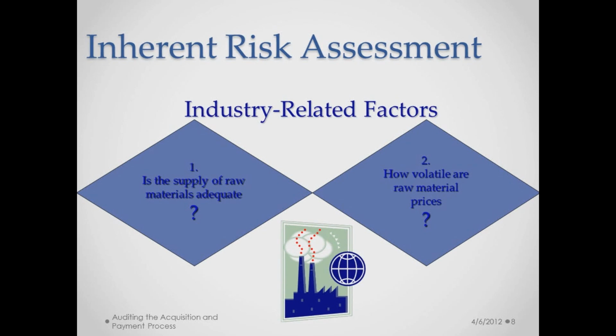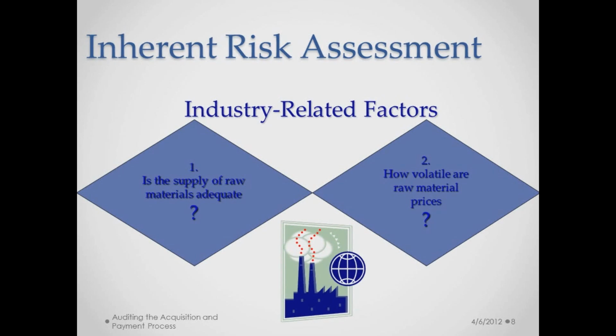So you see that one cycle has an impact on any number of cycles. And so when you consider inherent risk at that very beginning time, when you're looking at the planning process and understanding the client's business, you're going to look at how that risk cycles through and impacts the company, not just for that one particular cycle you're looking at, but for all of the major cycles in the company.